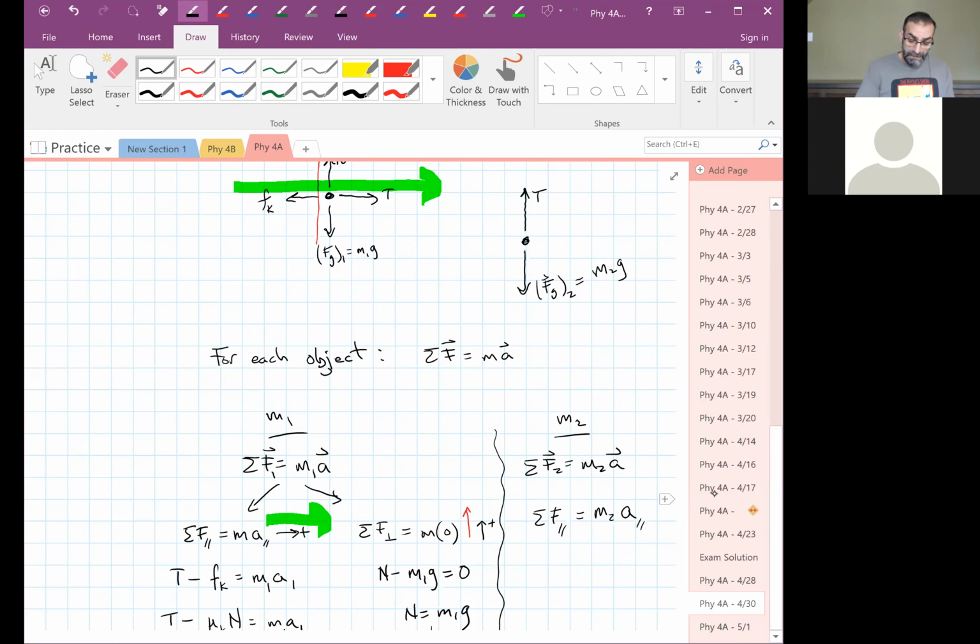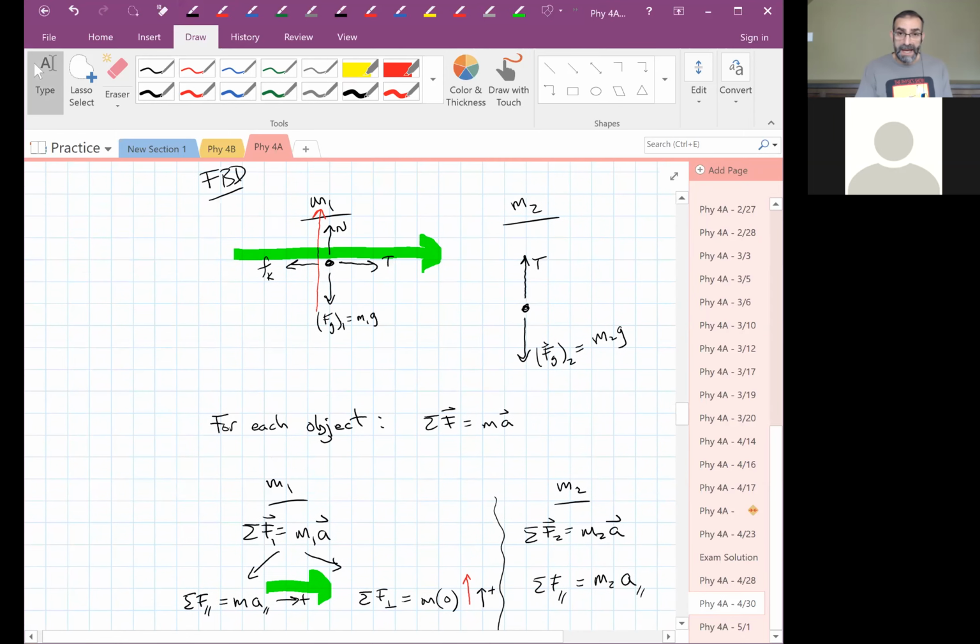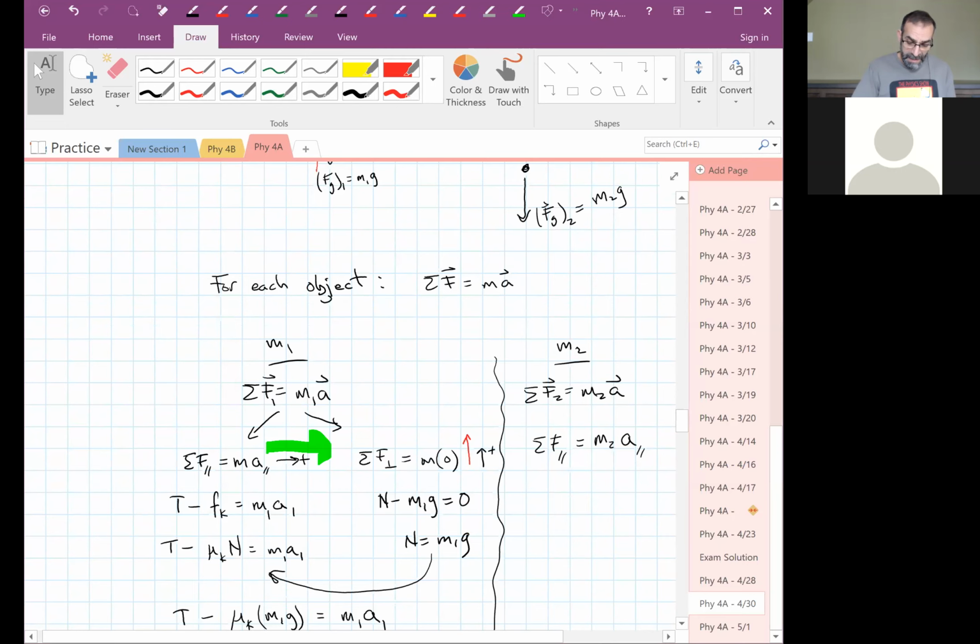So now I have to pick a positive direction for my mass 2. So here's my technique. The truth is, you can pick any direction you want to be positive. But if you pick up to be positive, the acceleration of 2 is not the same as the acceleration of 1. They are opposite directions. One is the negative of the other one. So it's much simpler if your accelerations are all the same.